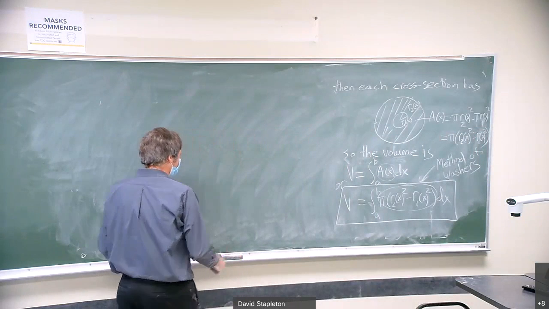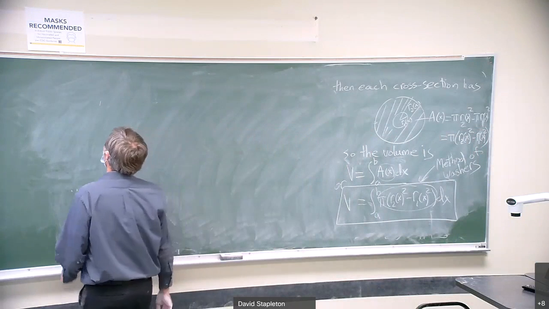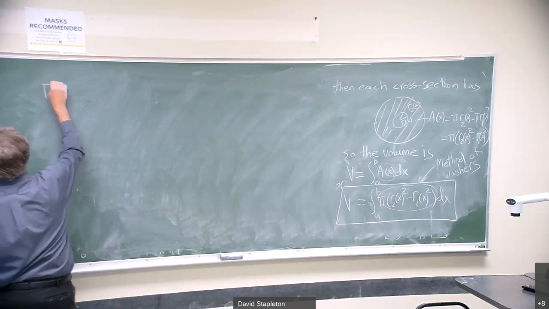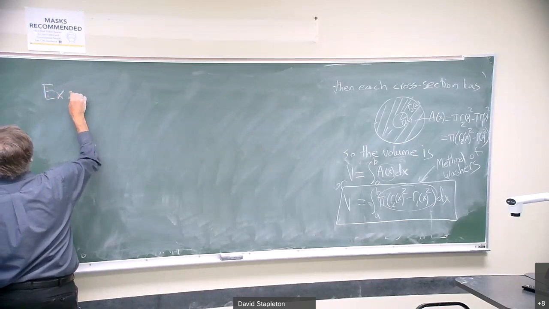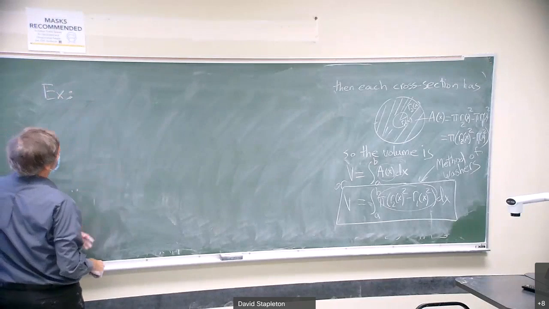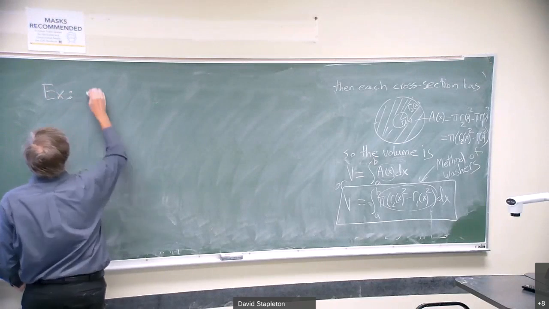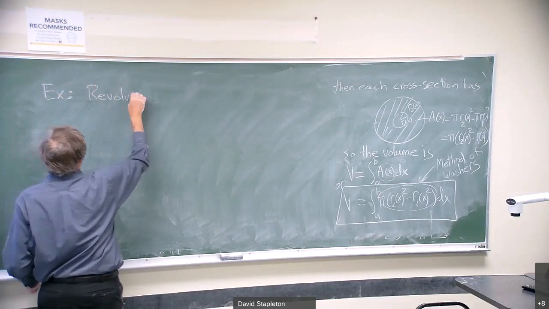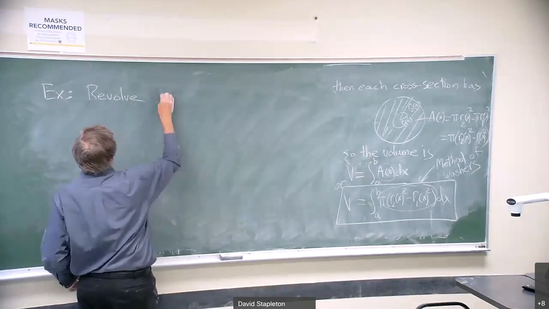The book is pretty good about giving reasonable prompts for homework that are illustrated. Here's an example. Suppose instead of taking a region below a line, I take a region between two curves. I think it's one of the simplest examples.